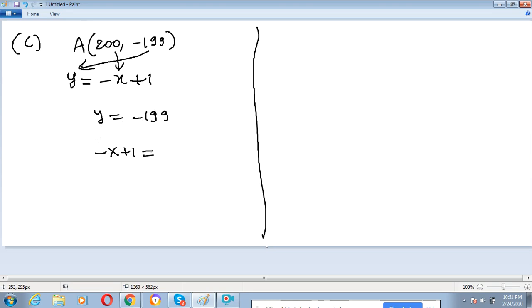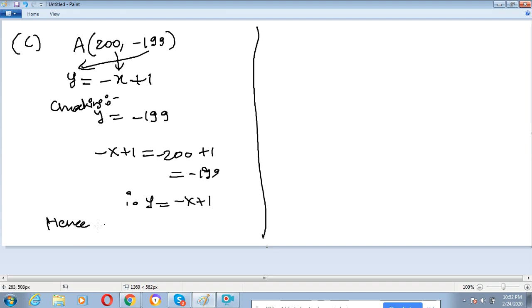You can write checking. So minus x plus 1, you get minus 200 plus 1, minus 199. Therefore y equals minus x plus 1. So hence the point A lies on the graph.